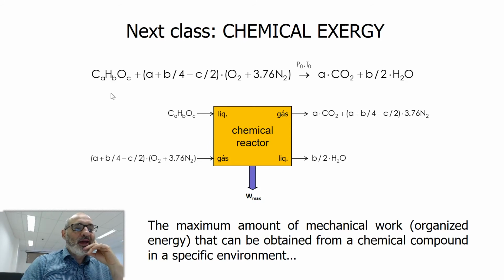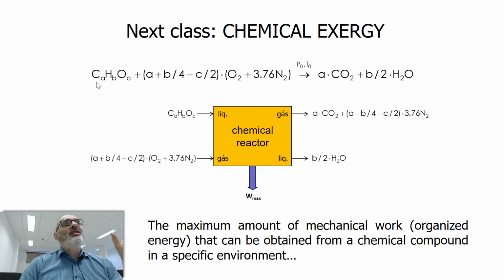Okay, so in this example, we have a certain type of fuel. We are modeling this as a generic hydrocarbon fuel, C_a H_b O_c. Okay, a, b, and c. Well, you can set these numbers to represent ethanol or gasoline or kerosene. It's going to burn with air, and these are the stoichiometric parameters in order to balance this equation.